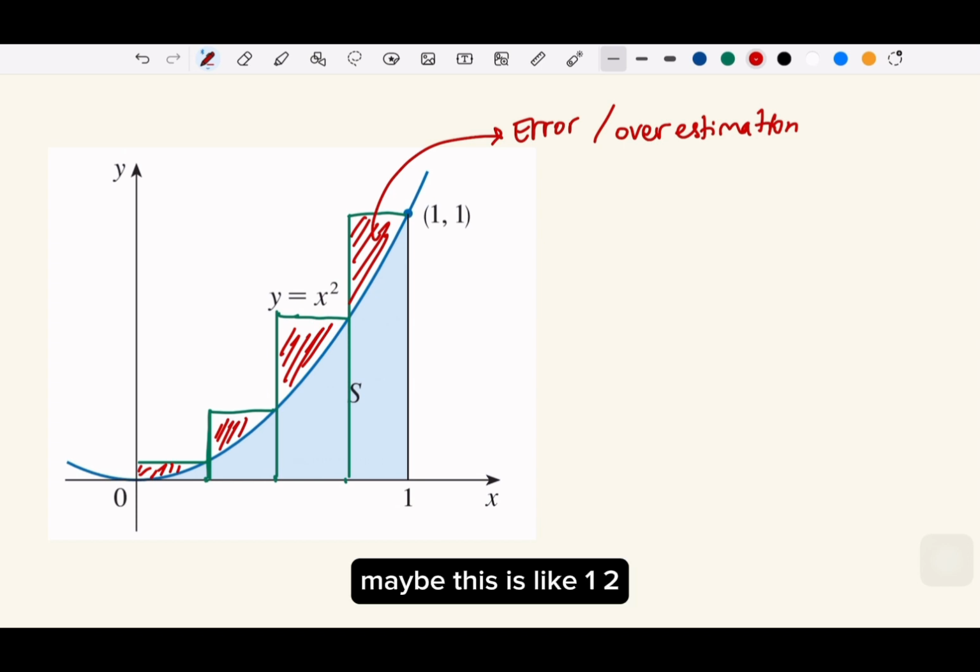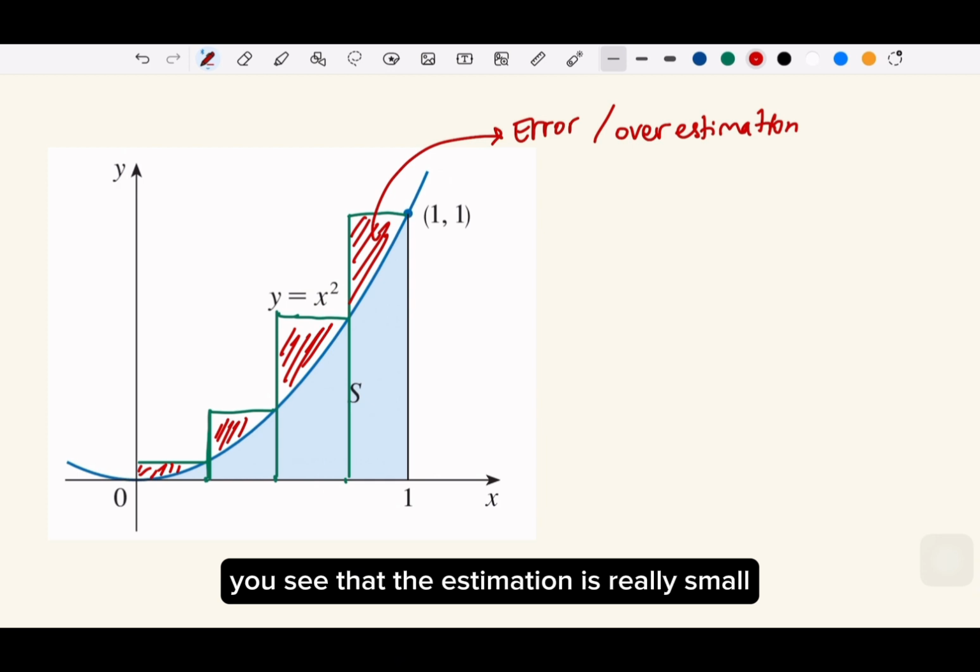Maybe this is 1, 2, 3, 4, 4 rectangles. Let's say n is 4. If we can make n maybe 20, 50, even 100. Can you just visualize? So you see that the estimation is really, really small. Okay. Basically, that is the definition of the integrals.